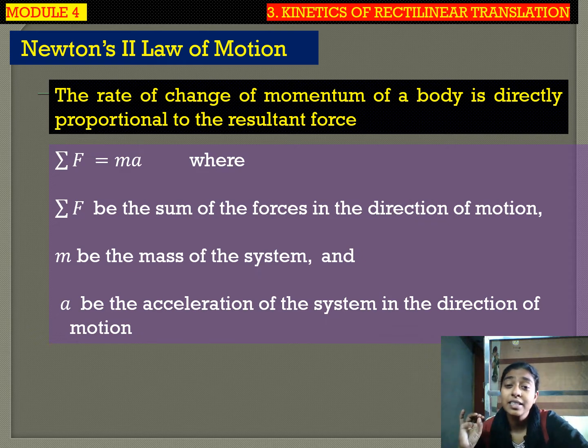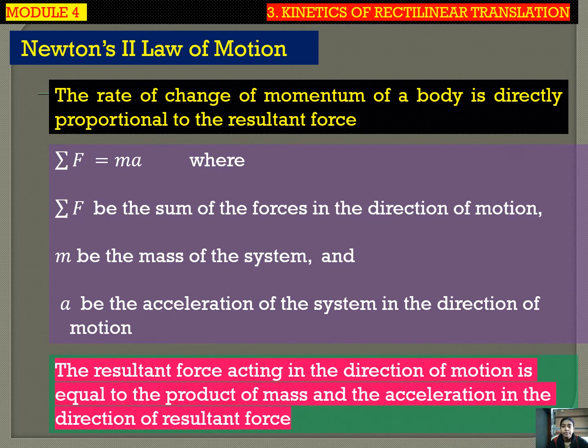And a is the acceleration of the system in the direction of motion, in meter per second square. If sigma F is acting in one direction, MA will act in the opposite direction. That is why sigma F is equal to MA.